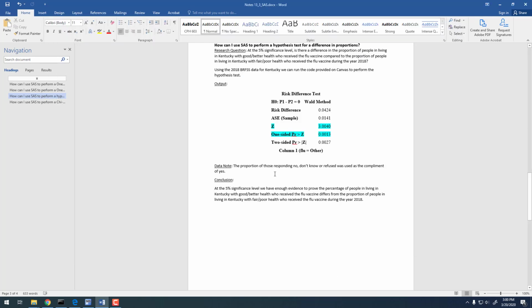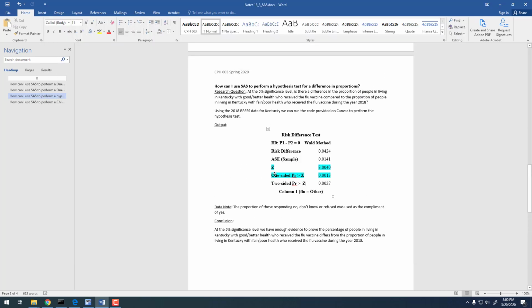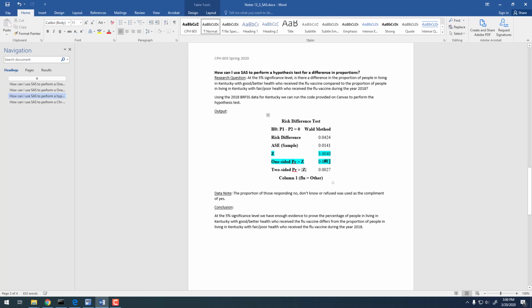So looking back at our document here. Oh, I realize that I have a mistake. We don't have this one highlighted. Let me change that. So here is our test statistic and our p-value.